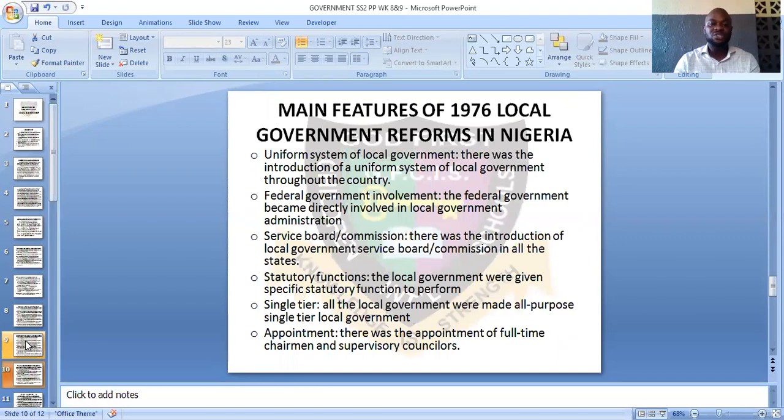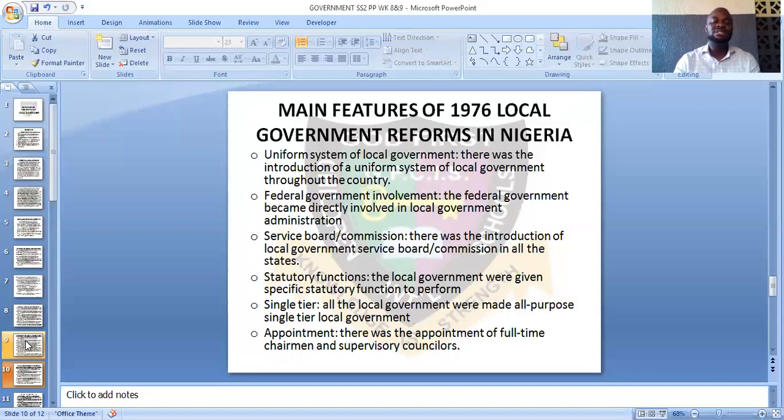Now, what are the features of the 1976 local government reform in Nigeria? The first one was a uniform system of local government. This uniform system was brought in place in 1976, whereby there was the introduction of a uniform system of local government throughout the country. It was the 1976 local government reform that made local government the third tier of government.